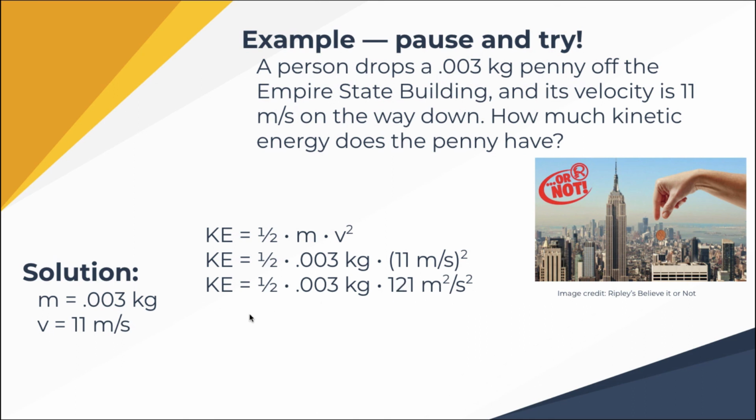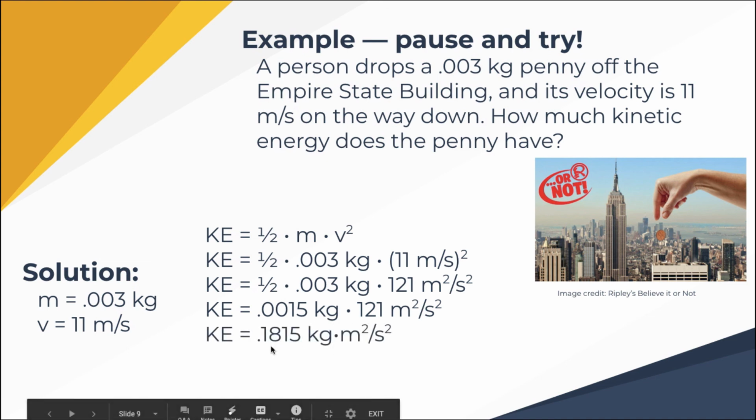And now just bring down the 1/2 and the 0.003. 1/2 times 0.003 is 0.0015 kilograms. Bring down the 121, and 0.0015 times 121 is 0.1815 kilograms meters squared per second squared, or 0.1815 joules.